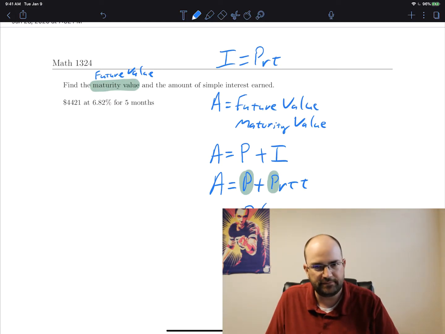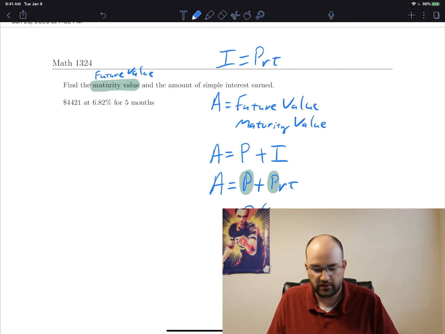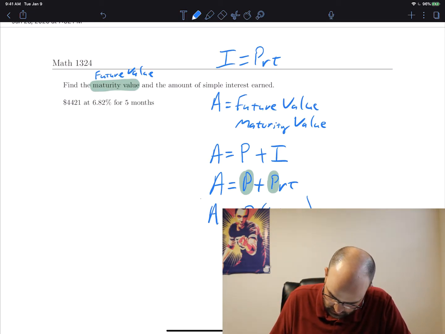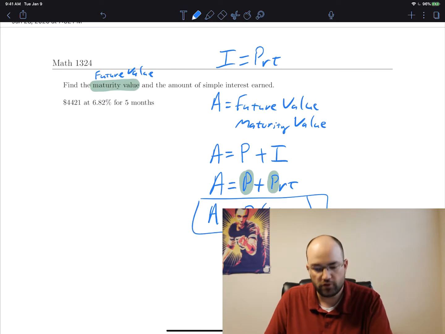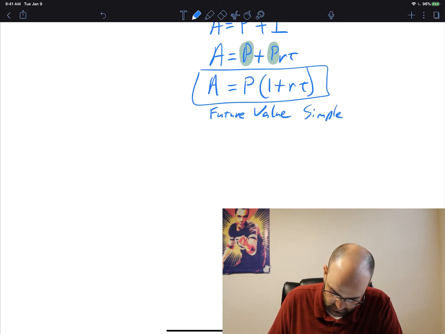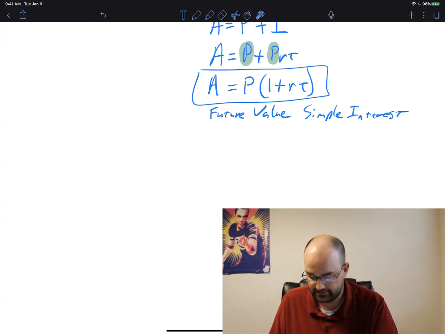The first P divided by P is just 1, and then plus, the P goes away, which means we're just left with RT. So this formula should be thought of as the future value for simple interest, A equals P times (1 plus RT). And again, notice that there are 4 different variables: A, P, R, and T.